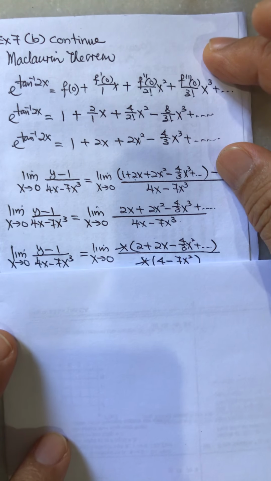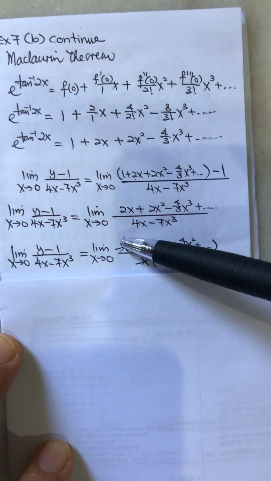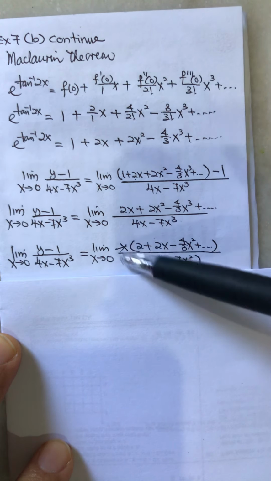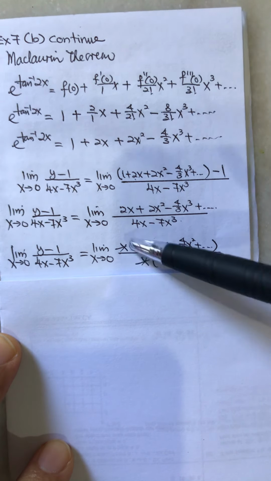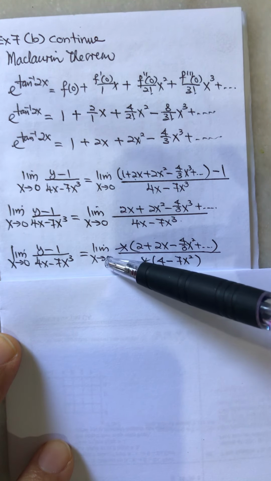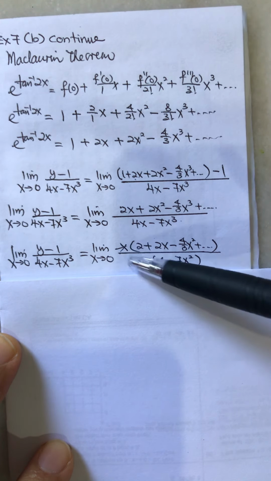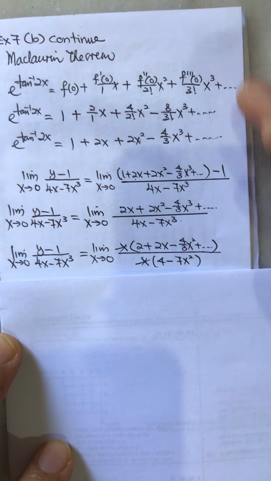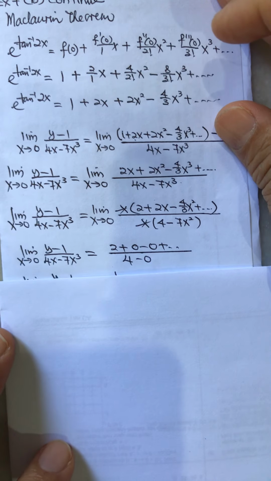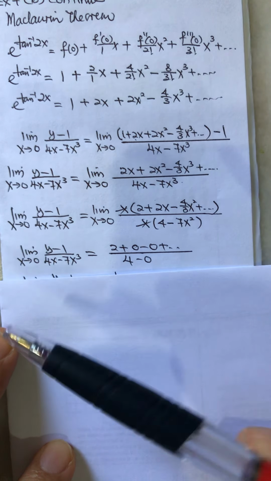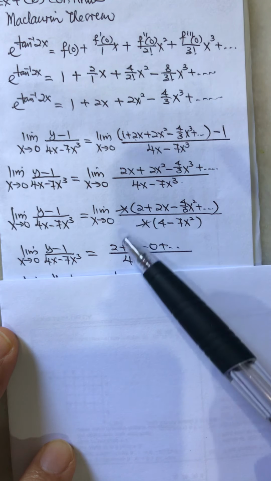I can take out the x. Once I take out the x, I can cancel the x. These two x can be cancelled because x is not 0. This is a very small number. That's why we cancel. Okay, it's not 0. So after you cancel, you get this.